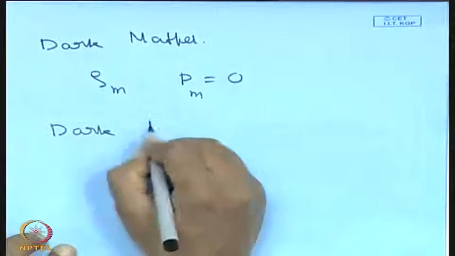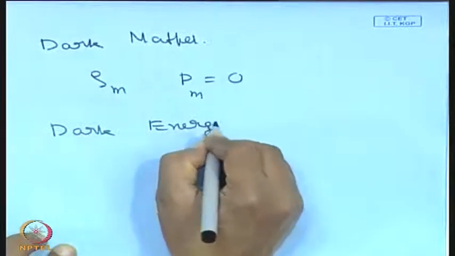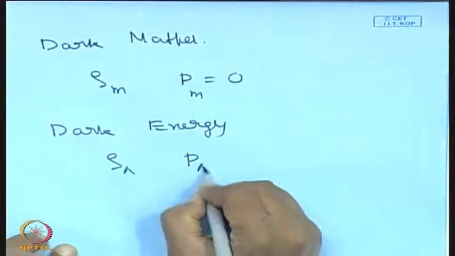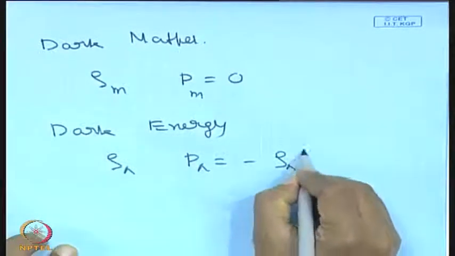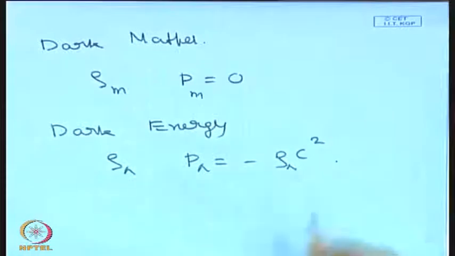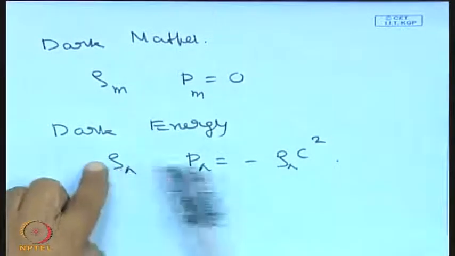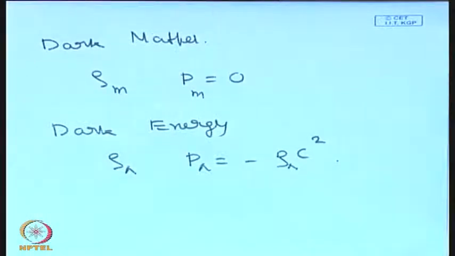Dark energy is again something which you do not see, whose pressure is minus rho lambda c square. This is required to explain the supernova data, for example.